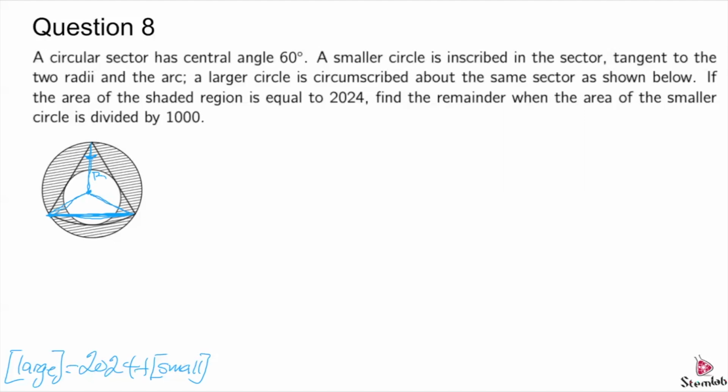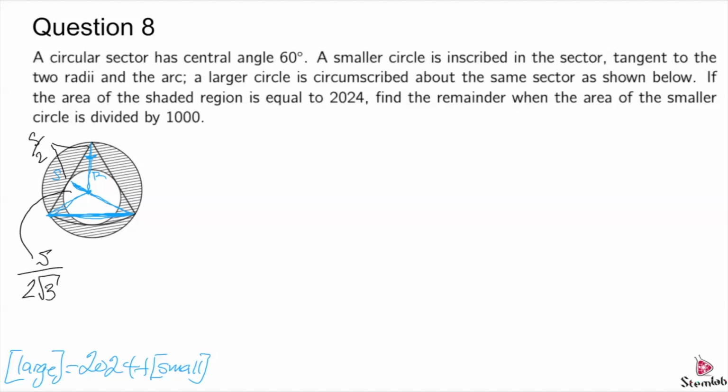If those are R, we can call the side length of this equilateral triangle S. We can build a lot of 30, 60, 90s here, because this triangle should be a 30, 60, 90 triangle. So this is going to be S over 2 right here. That length is S over 2, which means this length here will be S over 2 over root 3.